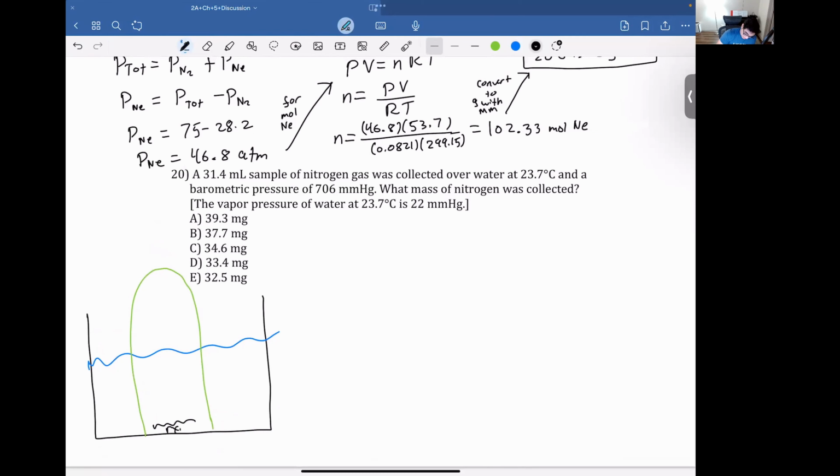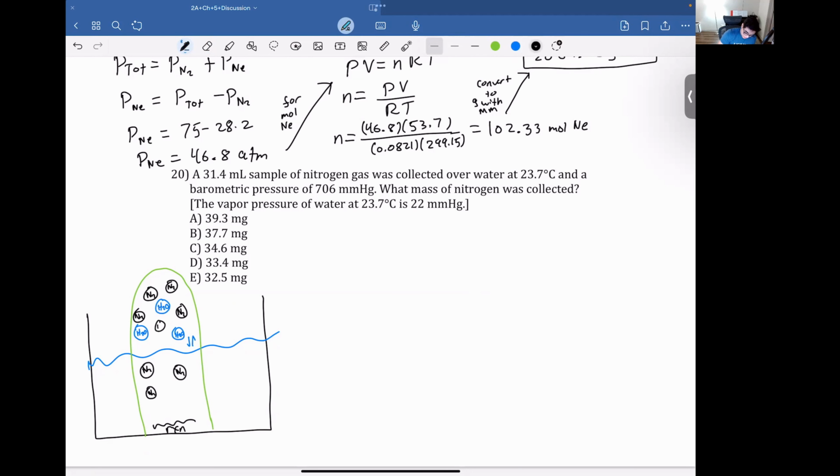Something down here is reacting and it's creating nitrogen gas, and it bubbles up here. So now you have nitrogen gas particles. But you also have particles from the water turning into a gas. So some of these water particles turn to a vapor, like that.